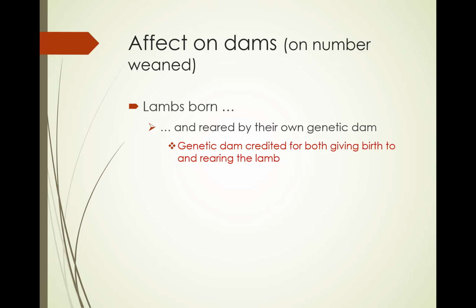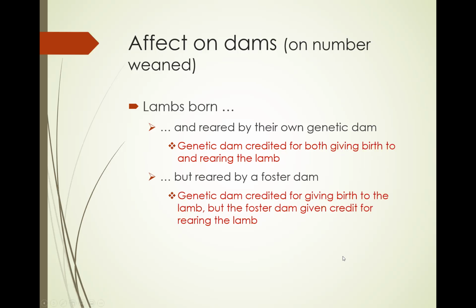So our first scenario were lambs that were born and reared by their own genetic dam. Sensibly, as is the norm, that genetic dam deserves and earns credit for both giving birth to and having reared the lamb. That's our norm. That's what we would anticipate.